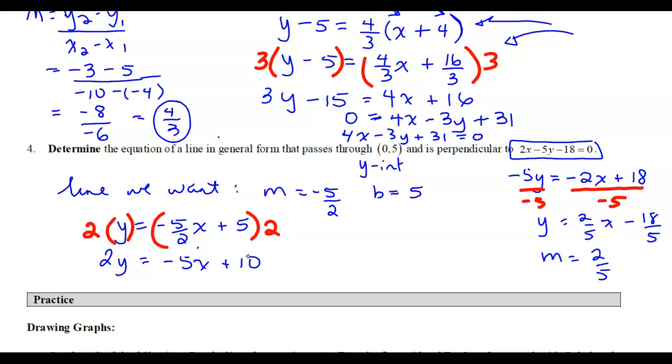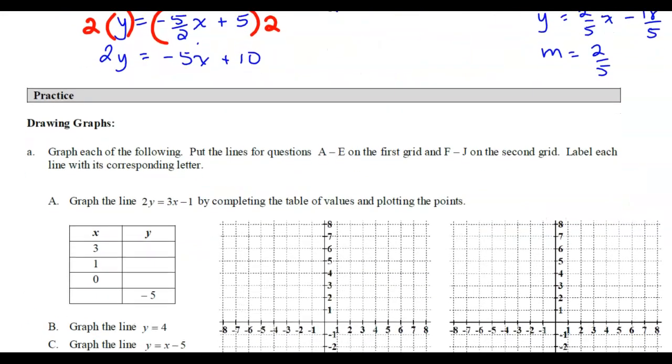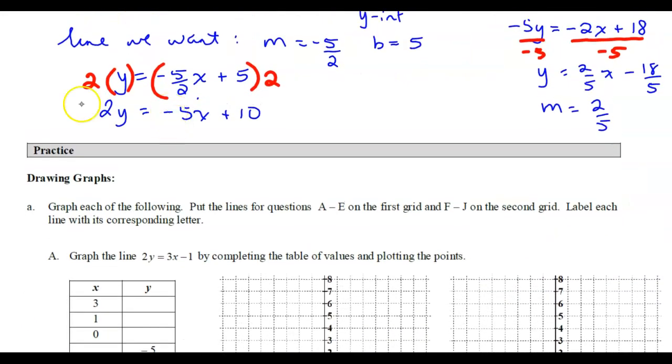Okay, and then all the terms on one side. Now the x term is negative in this one. So I'm going to bring it to the left to make it positive, right? Then I have to bring the 10 over as well. Now, what about this one? What do we notice? What's common to every term there? 2.